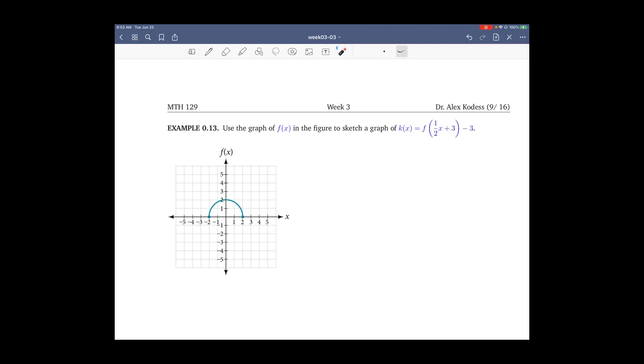You don't really need to know the algebraic expression for this function f. But we may pretend, for the sake of drawing these graphs on Desmos, that this is an upper semicircle centered at the origin of radius 2.